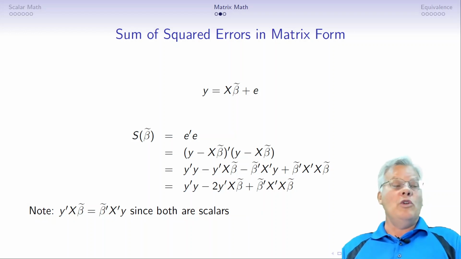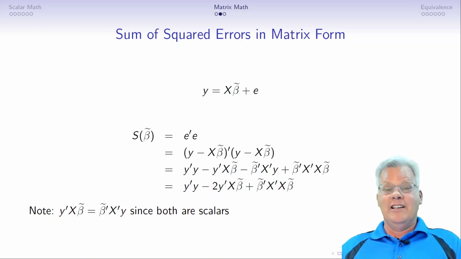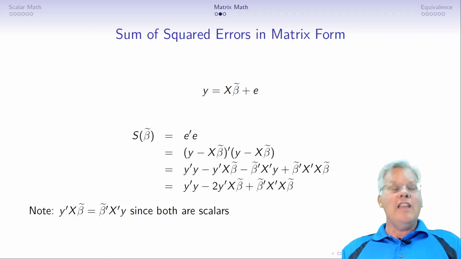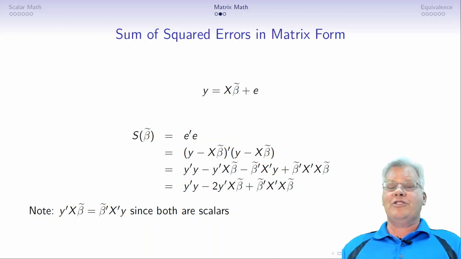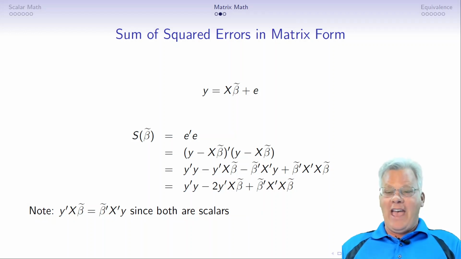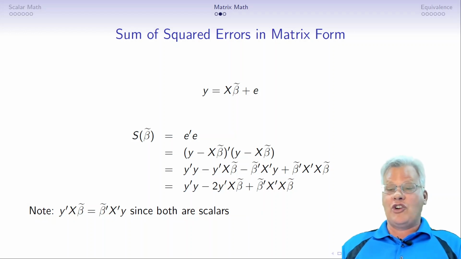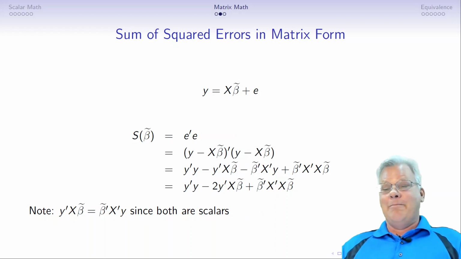Remember, when you transpose a matrix expression which has multiple terms, you invert the order of the terms and transpose each term individually. So the transpose of x beta tilde is equal to beta tilde transpose times x transpose. So I have that expression times y, and then beta tilde transpose x transpose x beta tilde.